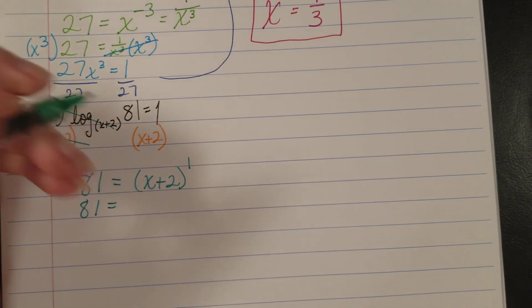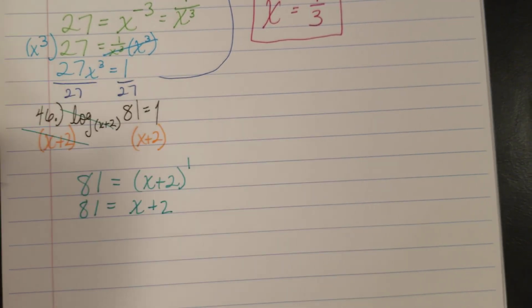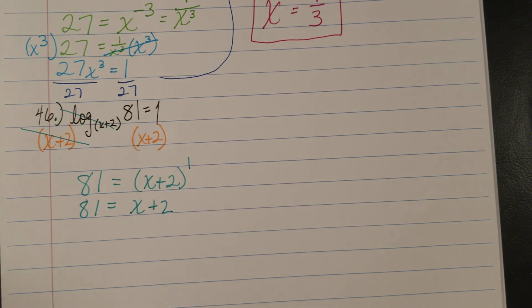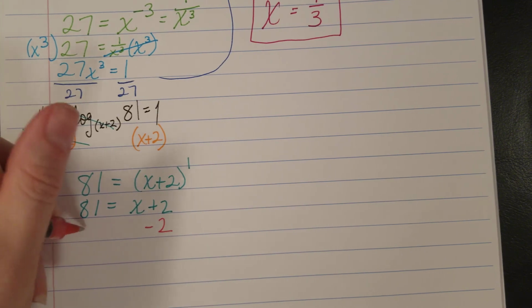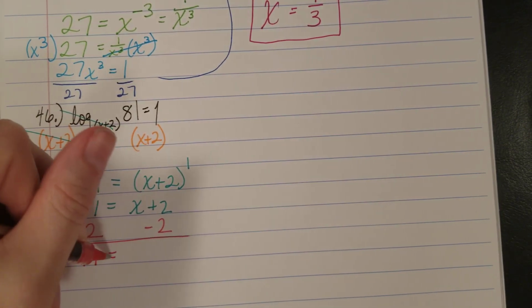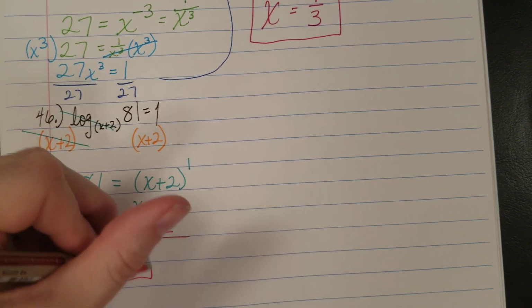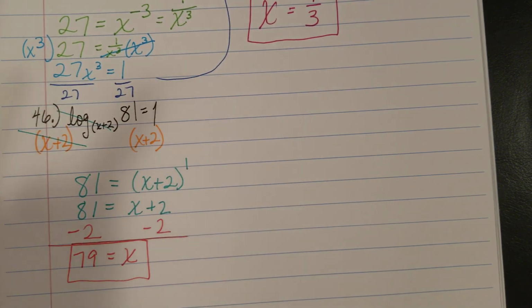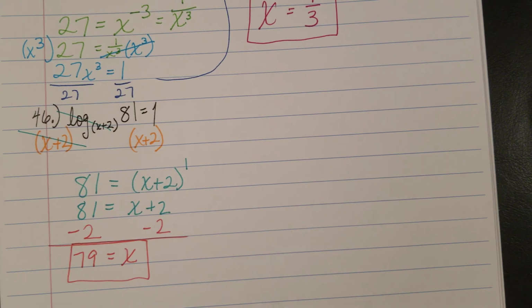So x plus 2 raised to the power of 1 is just x plus 2. So I've got 81 equals x plus 2. Then I'm going to subtract 2 from both sides. So that's going to be 79 equals x. And that's my final answer. And I believe that we are finally finished with section 4.3.